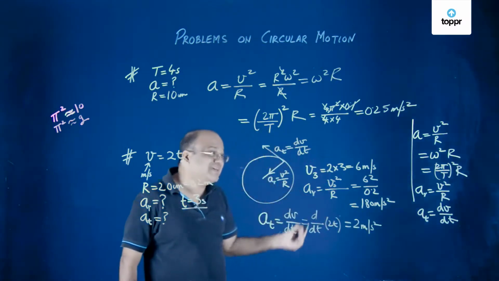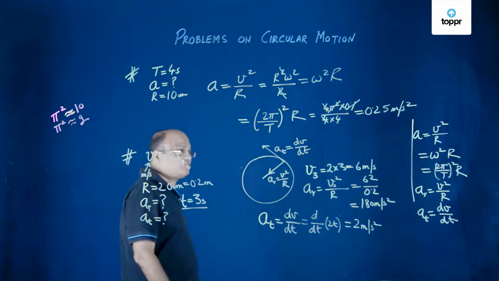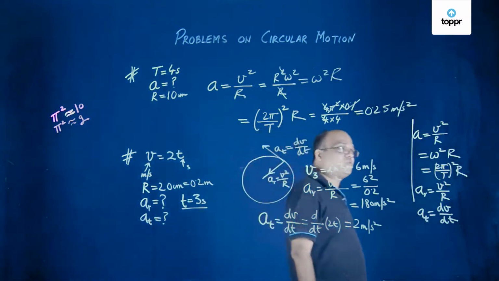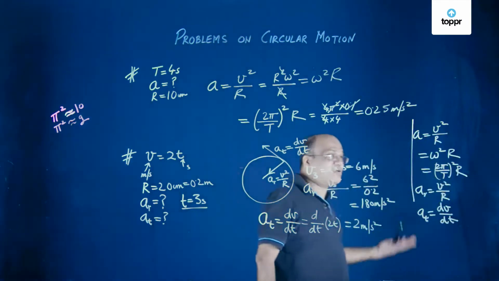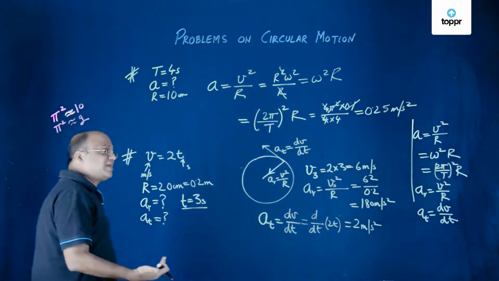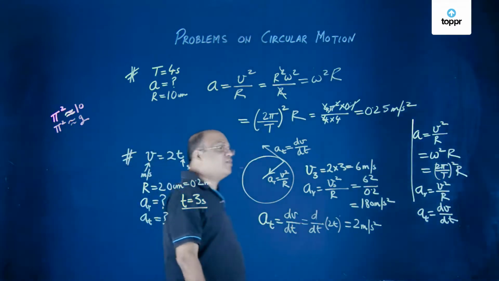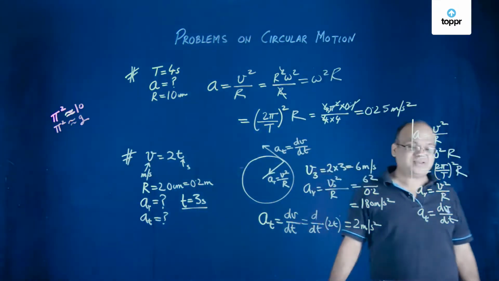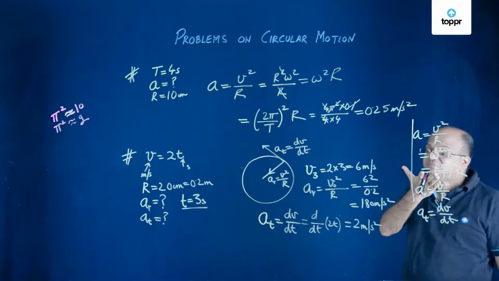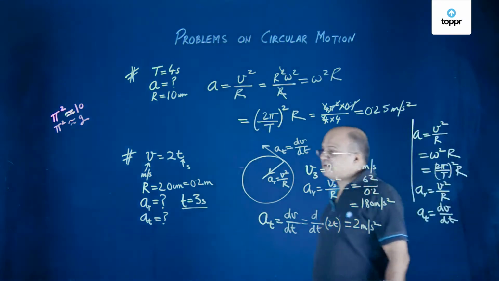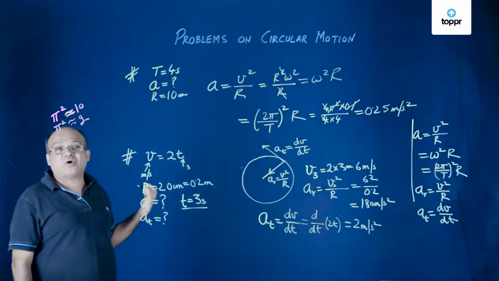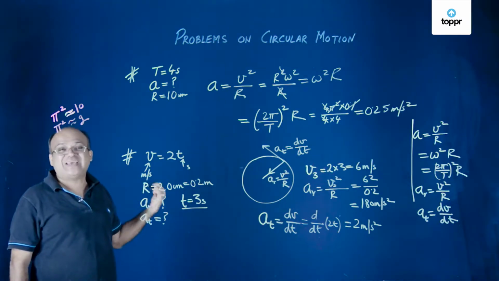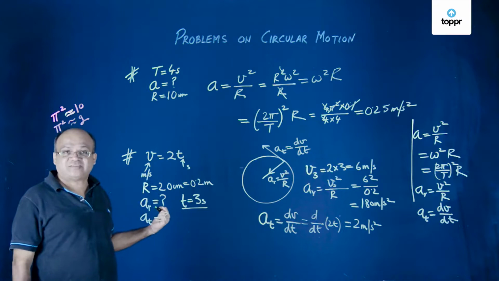Right, that's all. So what all things we learned in this question? We learned that a equal to v square by r, right? V is r omega, so that centripetal acceleration is also equal to omega square r. Omega is 2 pi by time period, so that is the equation we get. In the next question we learned that in non-uniform circular motion, a body has got two types of acceleration, radial acceleration and tangential acceleration.